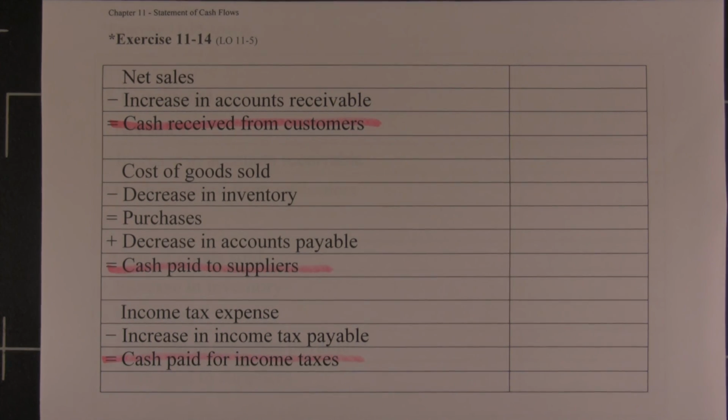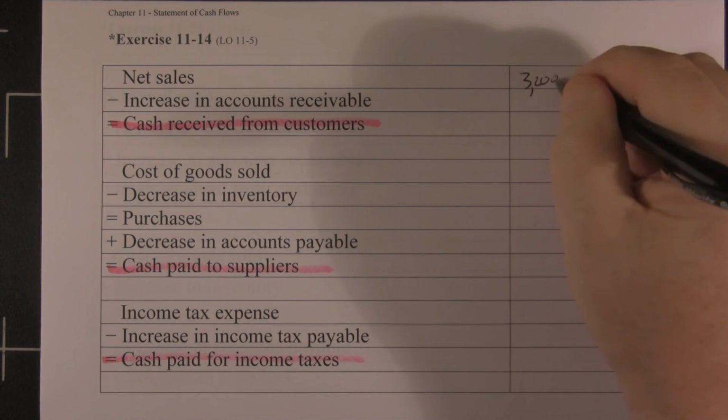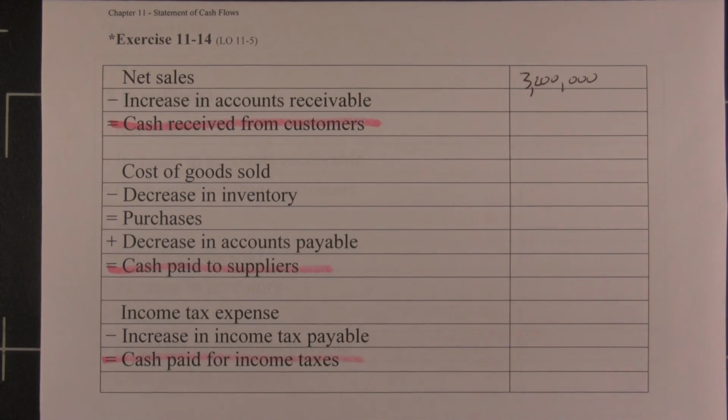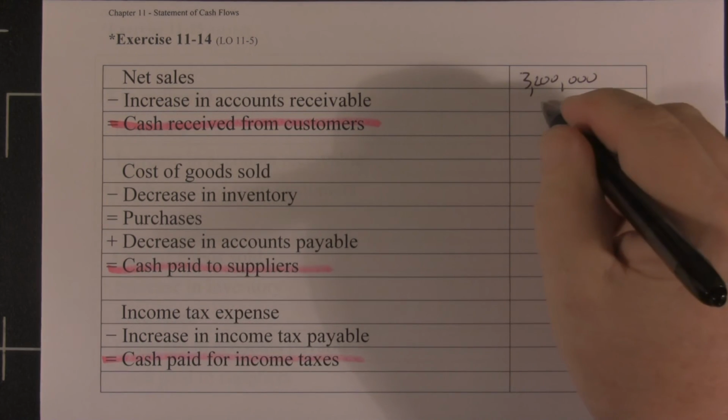So they tell us the net sales is $3,200,000. We look at it and we see that accounts receivable increased by $55,000. So if accounts receivable increased by $55,000, we have taken credit for $55,000 worth of sales for which we did not collect the cash.